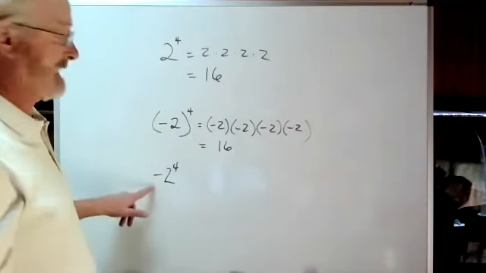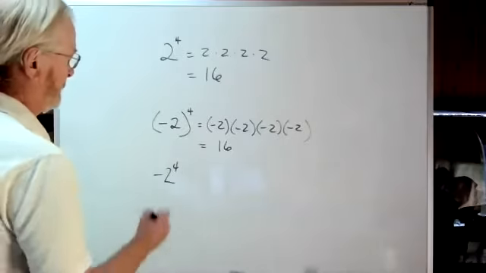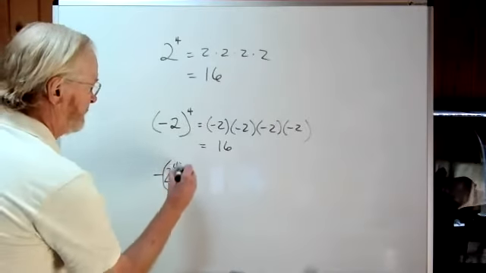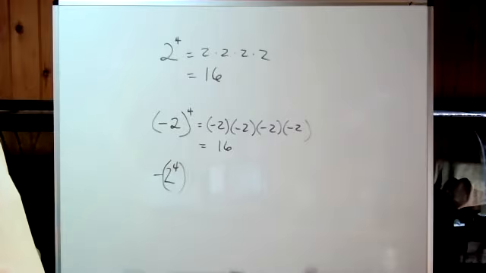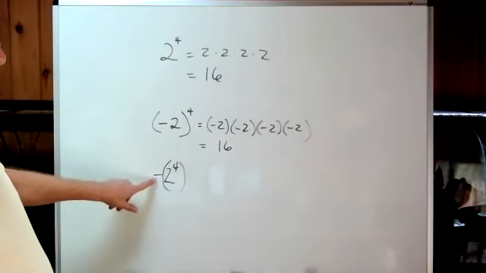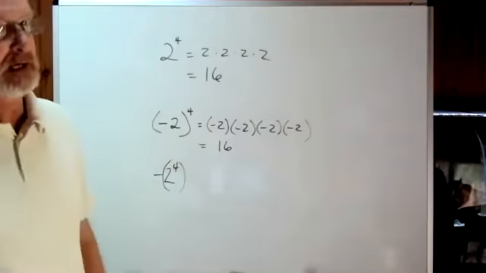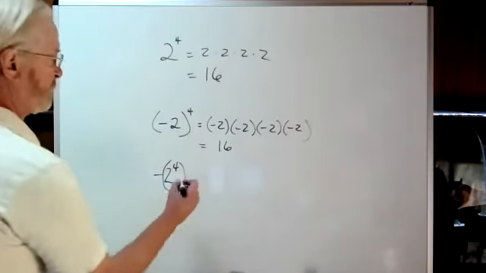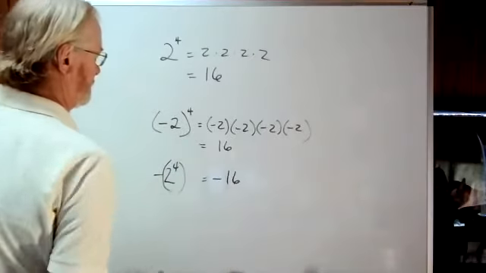The negative sign is not part of what is being raised to the 4th power. This would almost be clearer if I'd said it's the opposite of 2 to the 4th. So this is really saying find 2 to the 4th and then find the opposite of it. So this one we know is 16, but this one is -16.